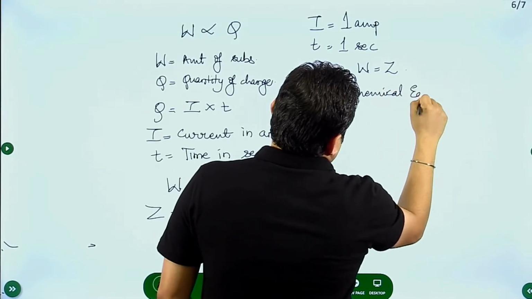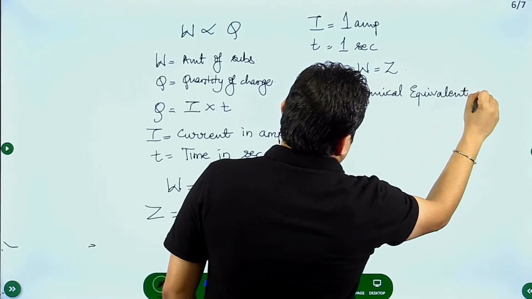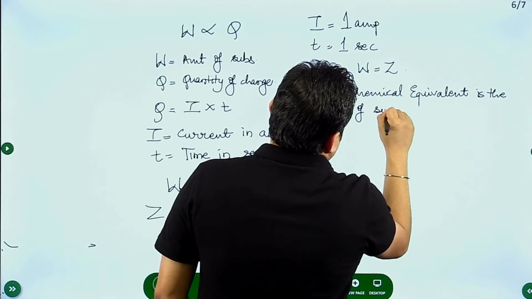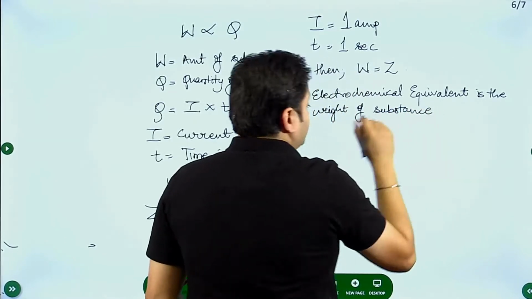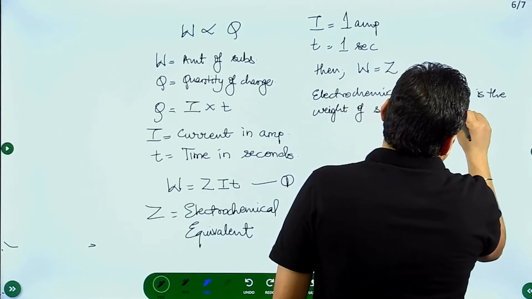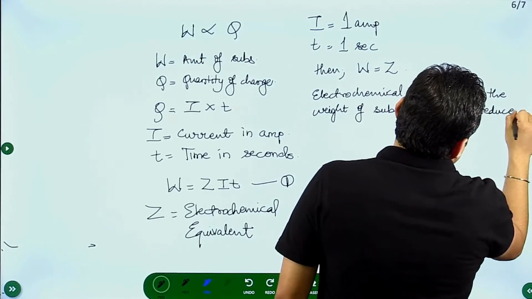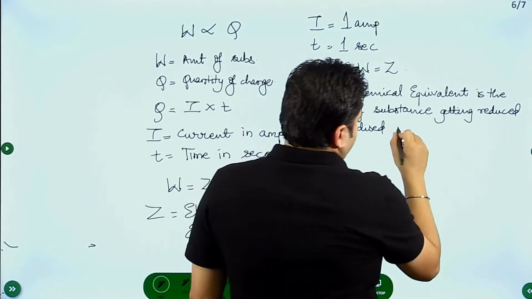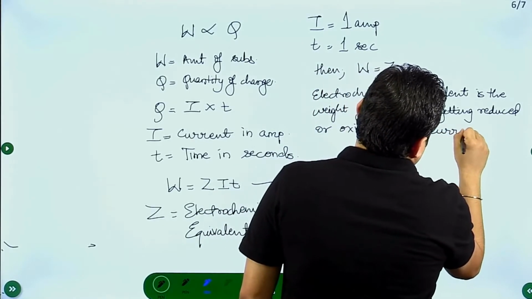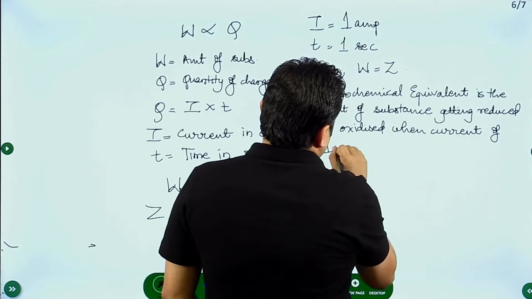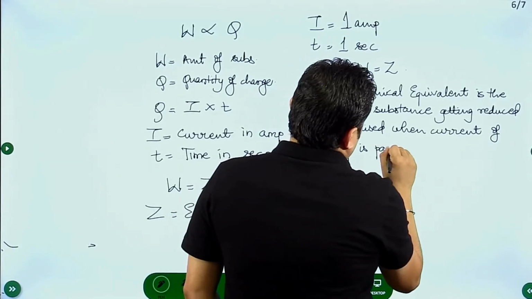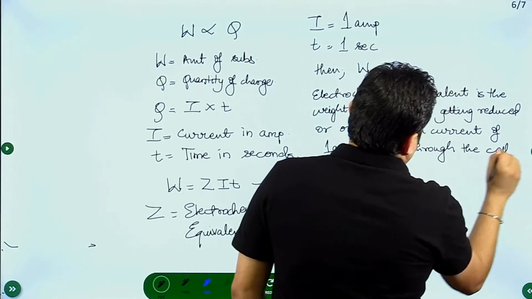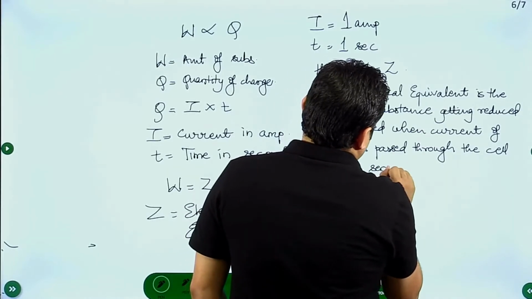Electrochemical equivalent is the weight of substance, please pay attention to this statement, getting reduced or oxidized when a current of 1 ampere is passed through the cell in 1 second.